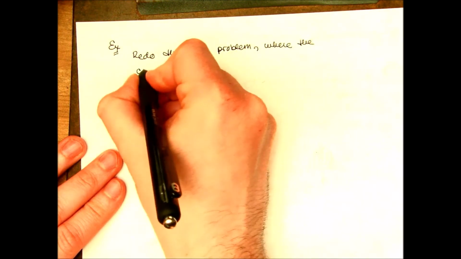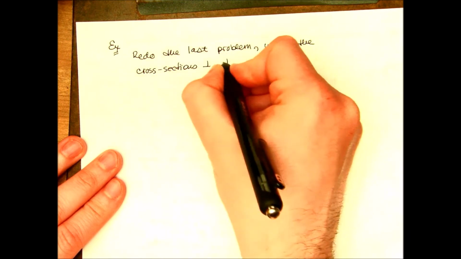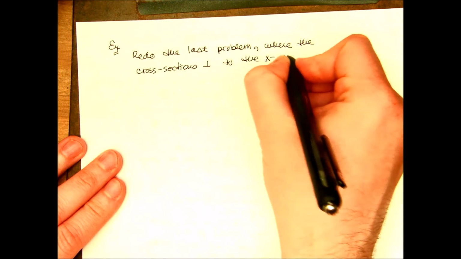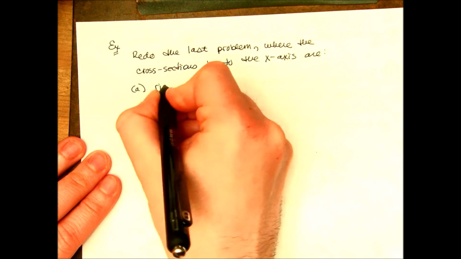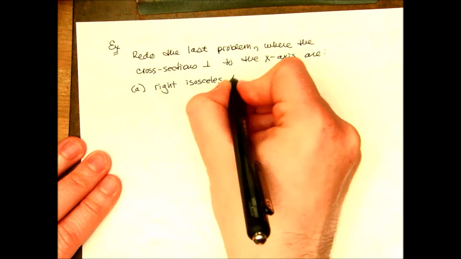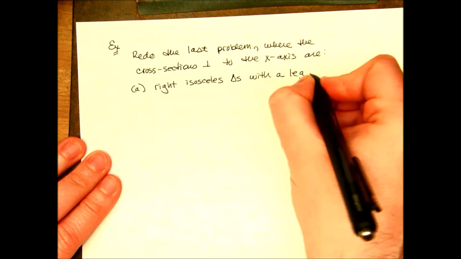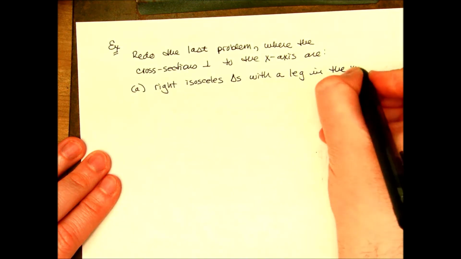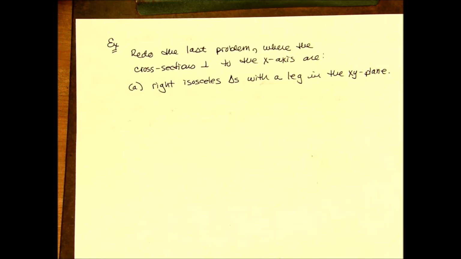So now I'm going to do this where the cross-sections perpendicular to the x-axis are, well, I'm going to start by dealing with right isosceles triangles with a leg in the xy plane.